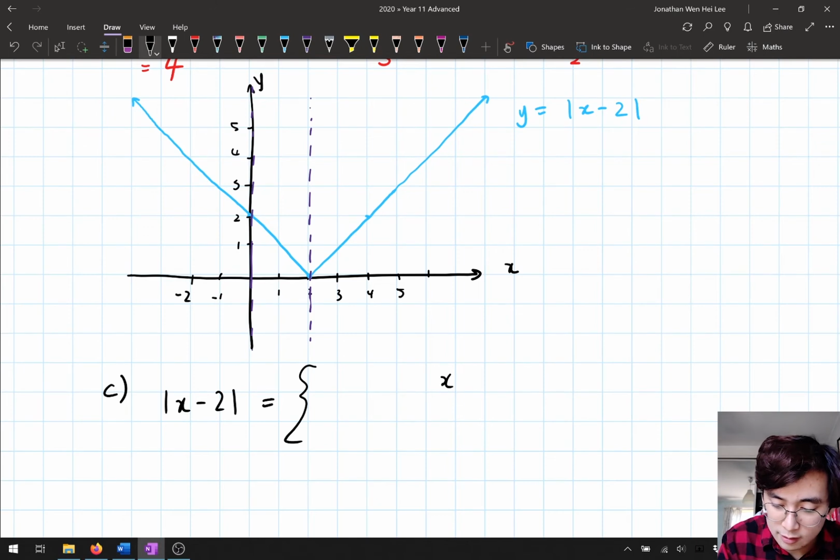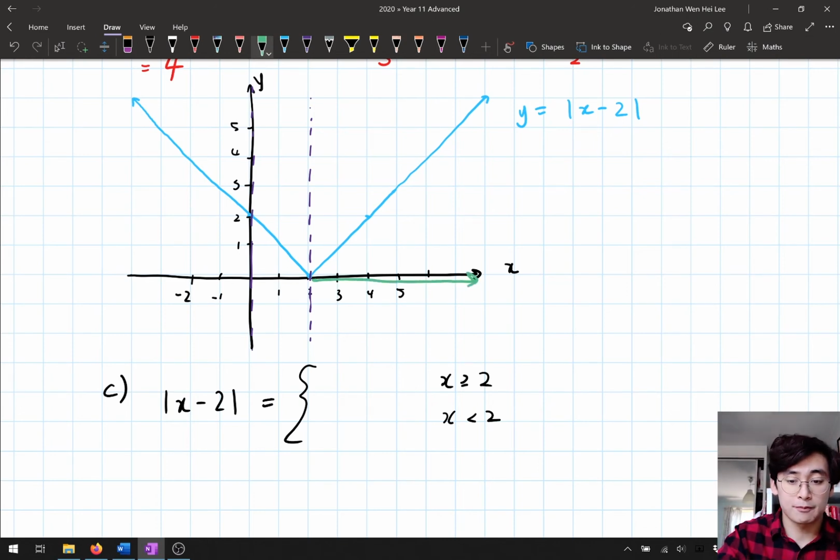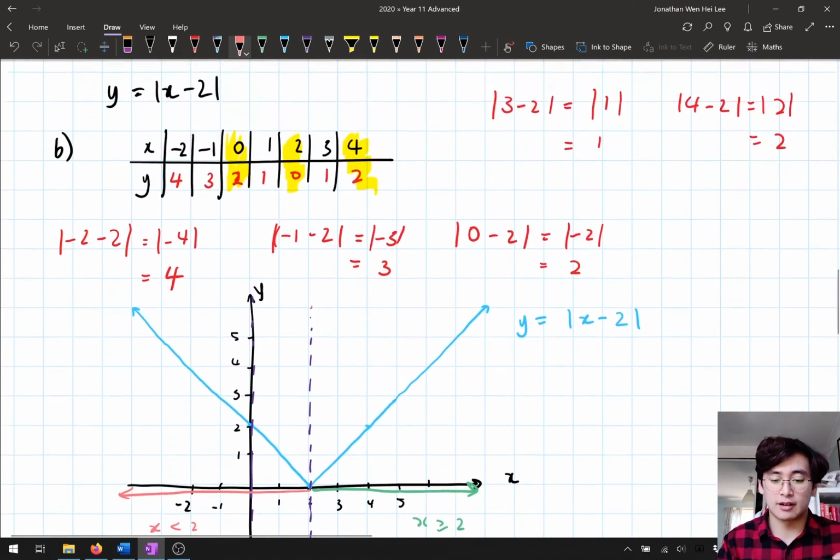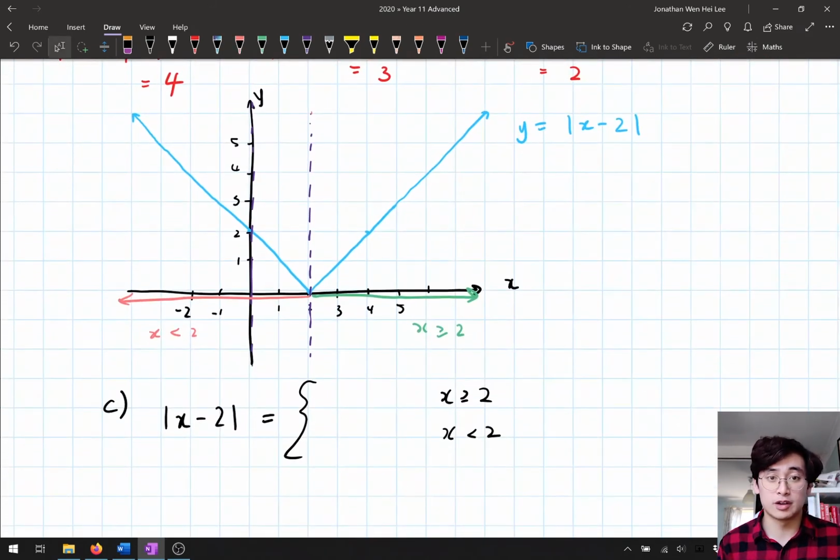It's going to be x is greater than or equal to 2 and x is less than 2, because those are the two sides. On this side, we've got one graph, and this is for x is greater than or equal to 2. And for this side, we've got another graph, which is for x is less than 2, which is this cutoff point in the middle. Hopefully you can see that. If you need to go back and have a look at why I got that cutoff point, feel free to. If you need to ask questions, more than happy to answer them.